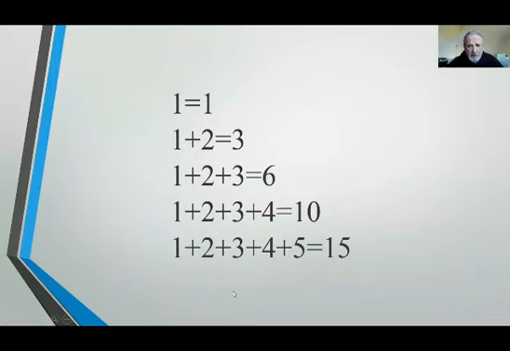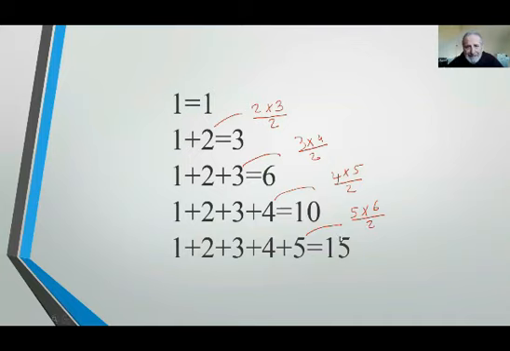But it's not really too difficult to notice that if I take 2 times 3, 6 divided by 2 is 3. If I take this 3 here, 3 times 4, 12, divided by 2, I get the 6. If I take this 4 here, 4 times 5 divided by 2, I get the 10. If I take 5 times 6, 30, divided by 2 will give you the 15.